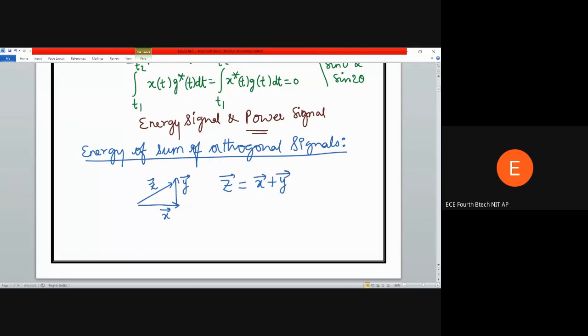If I calculate the magnitude of z bar, it is the magnitude of x bar plus y bar.